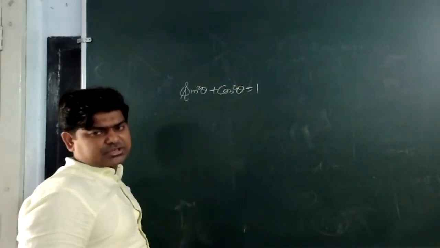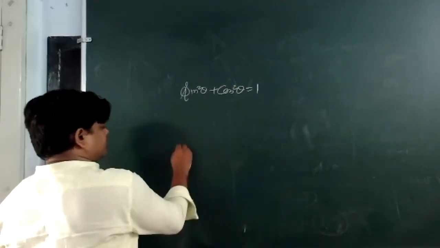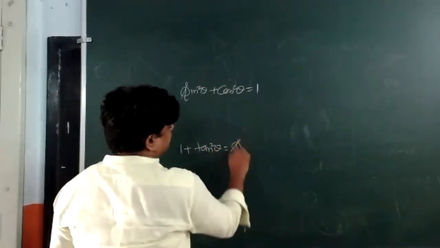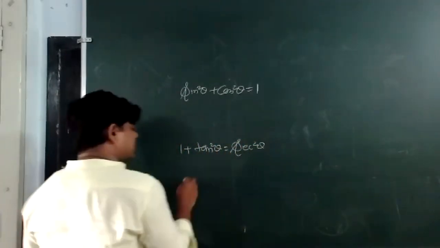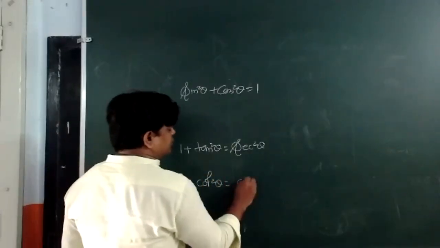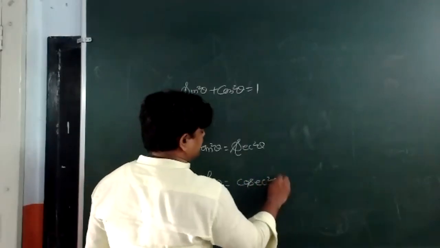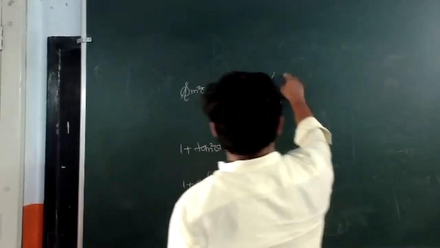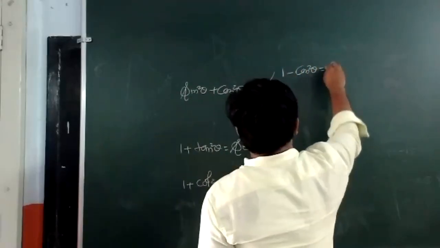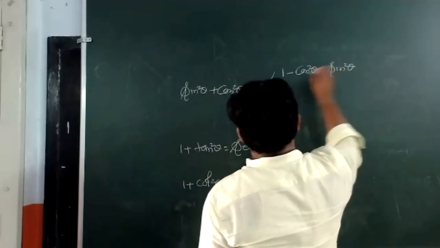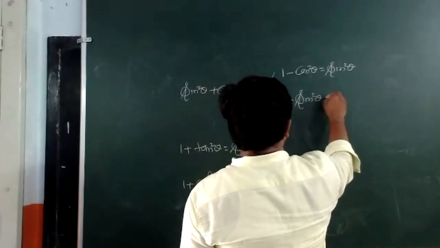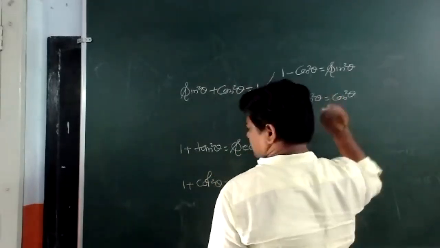I think it is discussed in class 9 and 10. Then 1 plus tan square theta is equal to sec square theta, and 1 plus cot square theta is equal to cosec square theta. And from there only, after transposition, we will get 1 minus cos square theta is equal to sine square theta, and 1 minus sine square theta is equal to cos square theta.